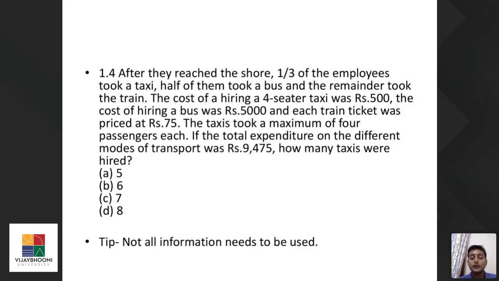We know 52 employees plus 13 in the country boat and 13 in the trawler makes a total of 78 employees, and one third of them took the taxi, and one third is 26, and 26 means how many taxis were hired? It's 26, right? Yeah, it's 26. And four people went in each taxi.